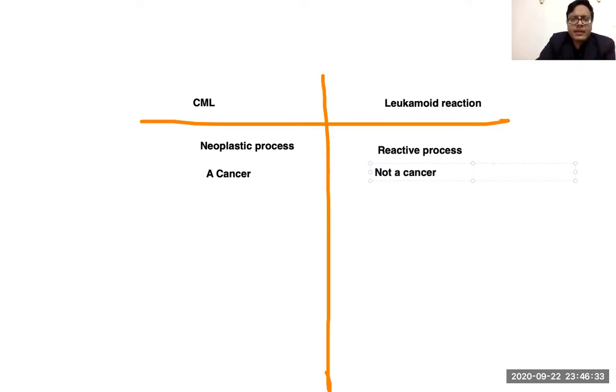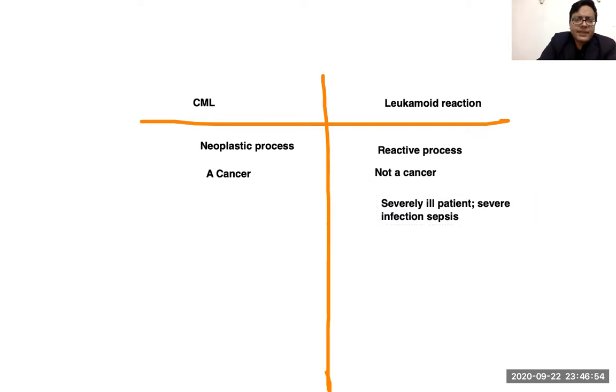Now, in the leukemoid reaction, I told you the presentation would be in a severely ill patient, usually with severe infection or sepsis. That's the most common backdrop. It could be due to some drugs and other things.